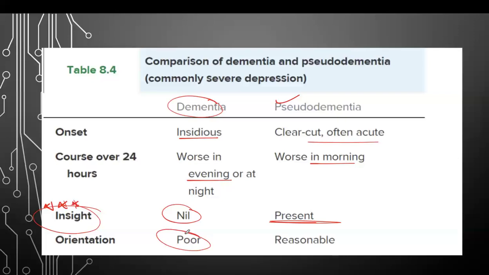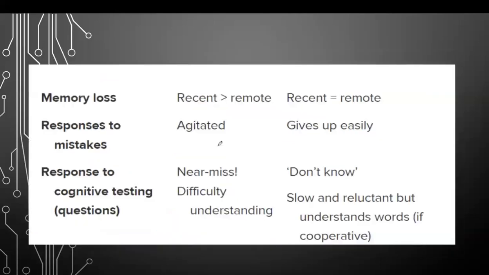Dementia patients can have poor orientation to time, place, persons. They might not know where they are or who you are, or they might not remember which year it is, which date it is. Okay, so they will be disoriented. And in pseudo-dementia, they will not have any problem with that. Another important way to differentiate between these two is response to mistakes.